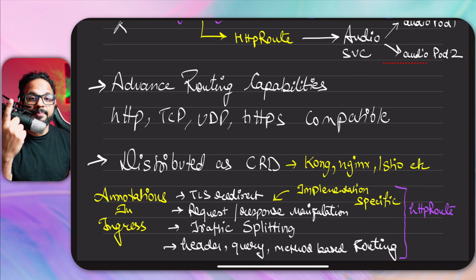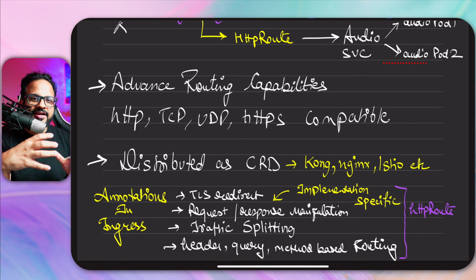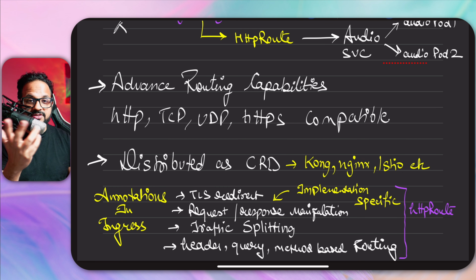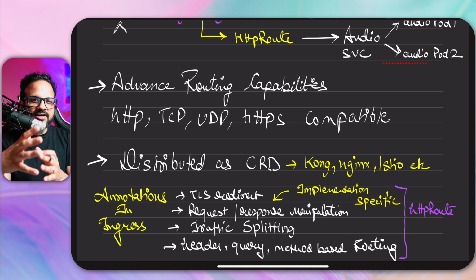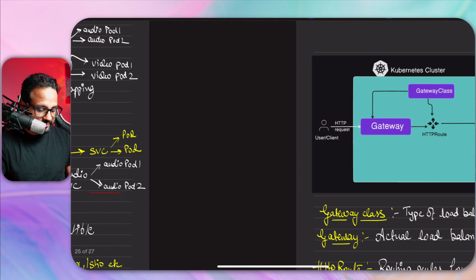Now, because it is not configured as an annotation, you can use the same YAML for different implementations like Kong, Nginx, and so on. You just have to change the other fields such as the name, the gateway class, and so on, but you don't have to change the implementation of it within the YAML because there is no annotation for it, right? So that's how it works.